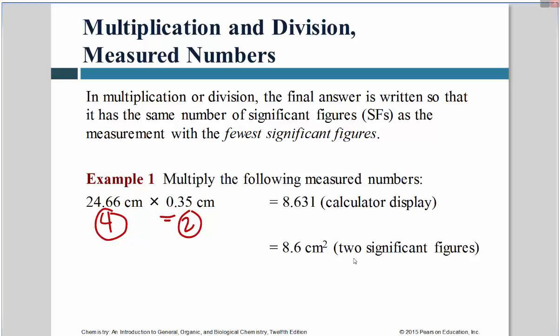From here, you compare the 2 numbers, 4 and 2. 2 has fewer significant figures. So you put these into your calculator, and it comes out to be 8.631. We only want 2 significant figures, so we take the first 2 numbers, and that's where we get 8.6.